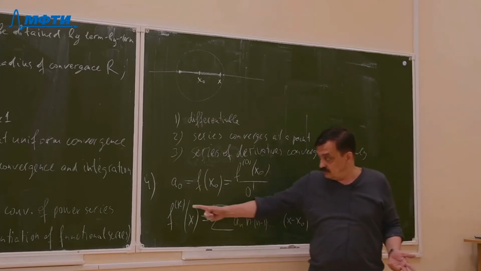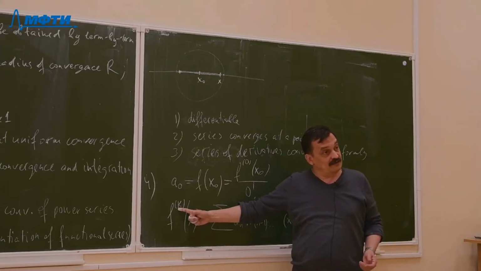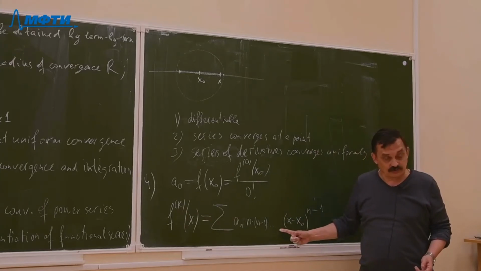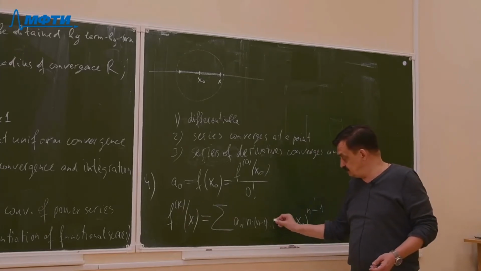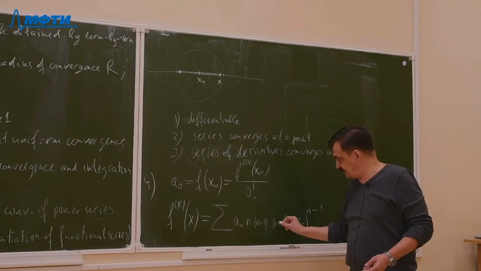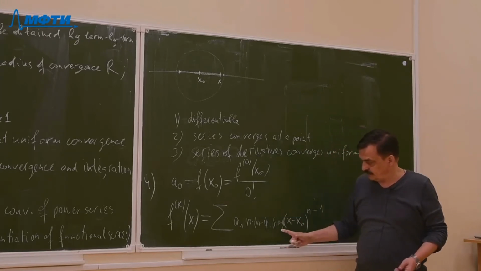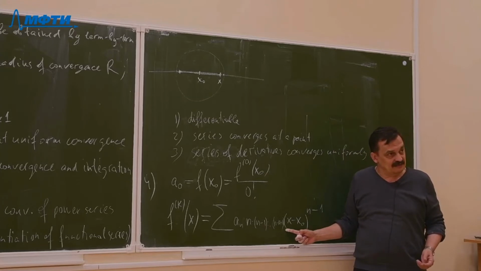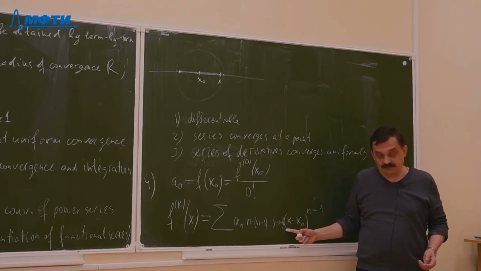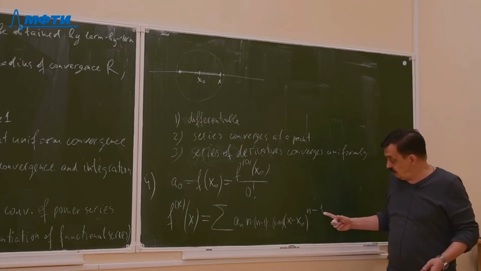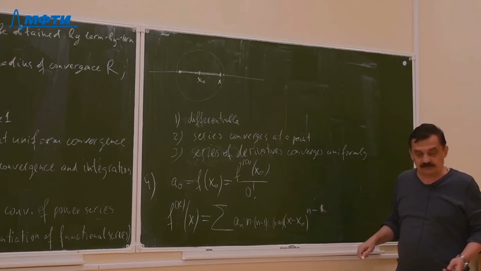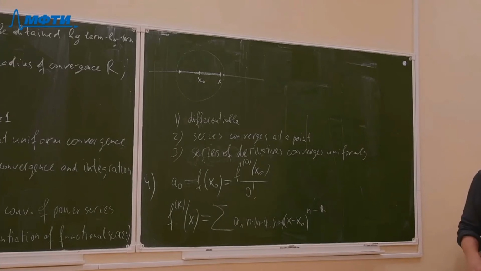So we obtain k terms in that product. It means the very last will be n minus k plus 1. So we have precisely k multipliers, right? And the exponent should be n minus k, right?